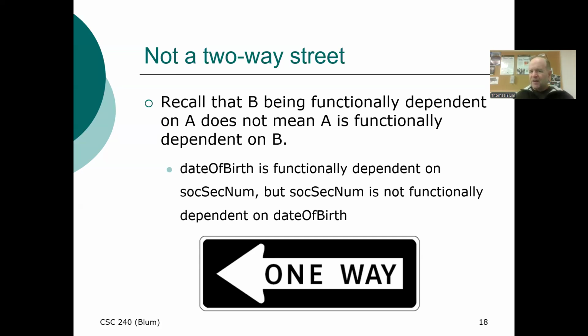I can say that the date of birth is functionally dependent on social security number, because if I know the social security number, I can look up the person and find their date of birth. But it doesn't go the other way around. The social security number is not functionally dependent on the date of birth. If I know somebody's date of birth, a number of people were born on that date, and they don't all have the same social security number. So it doesn't always go both ways. Some things do, but some things don't.